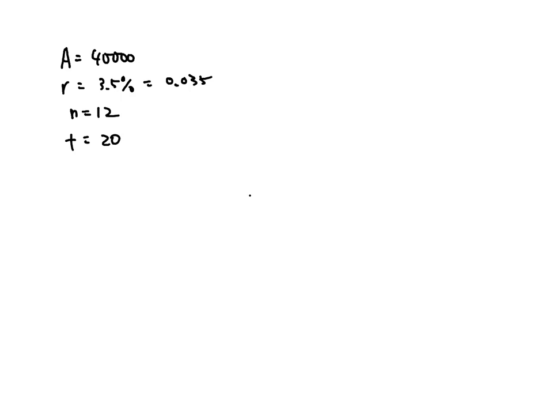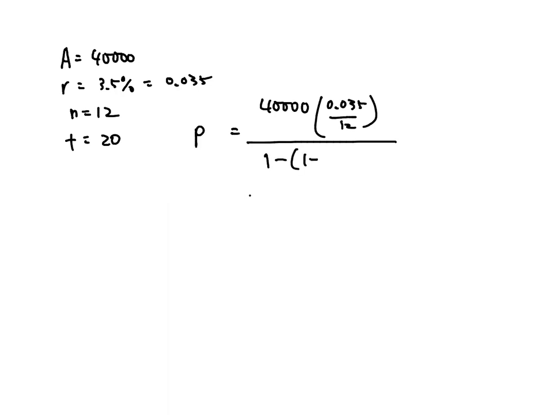Okay, so let's go ahead and plug this in. So P equal 40,000 times 0.035 divided by 12 over 1 minus 1 plus 0.035 divided by 12 raised to negative 12 times 20.